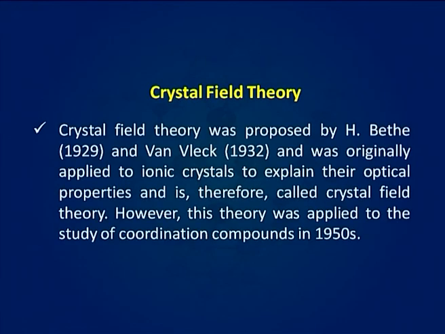Crystal field theory was proposed by H. Bethe in 1929 and Van Vleck in 1932 and was originally applied to ionic crystals to explain their optical properties and is therefore called crystal field theory. However, this theory was applied to study of coordination compounds in 1950s.